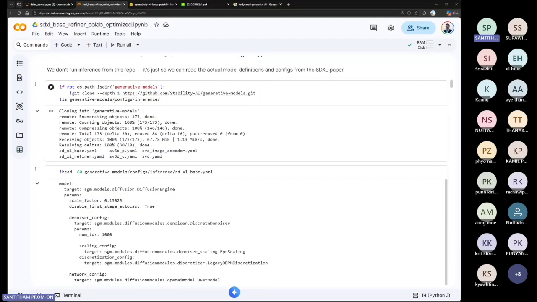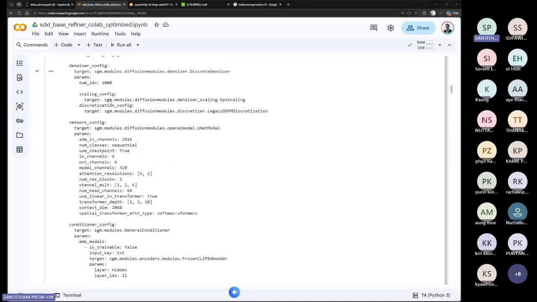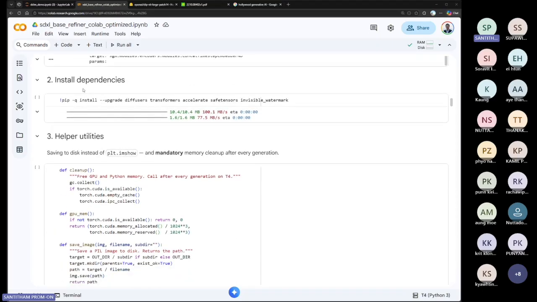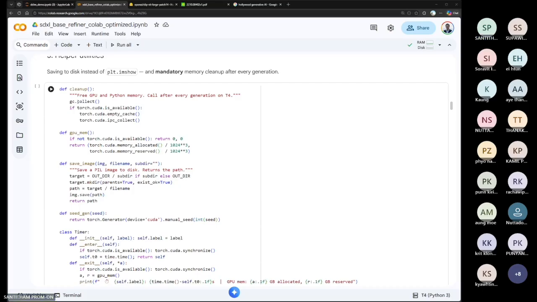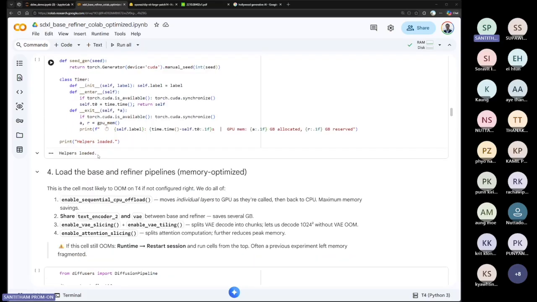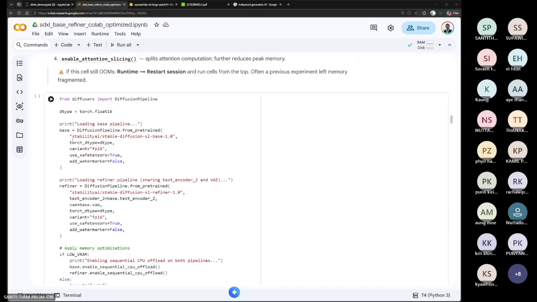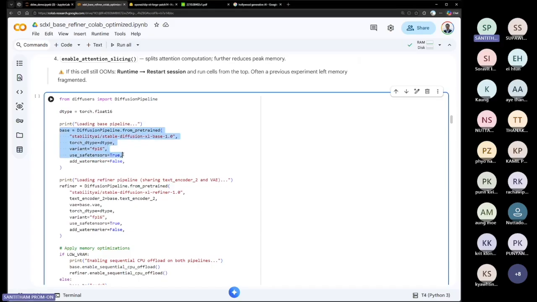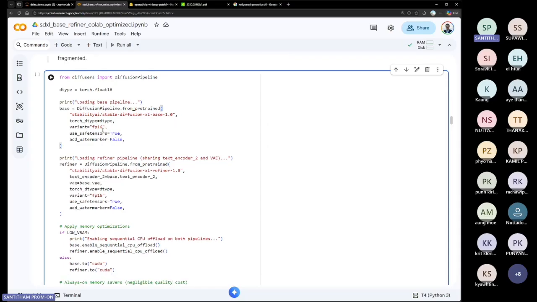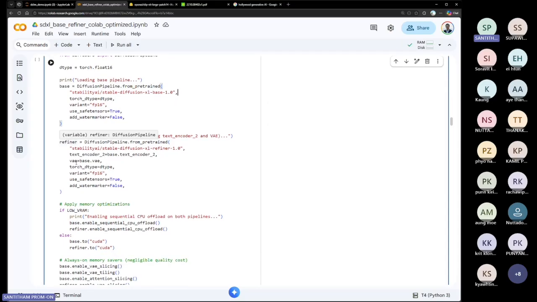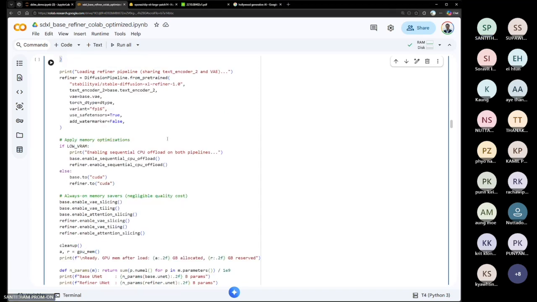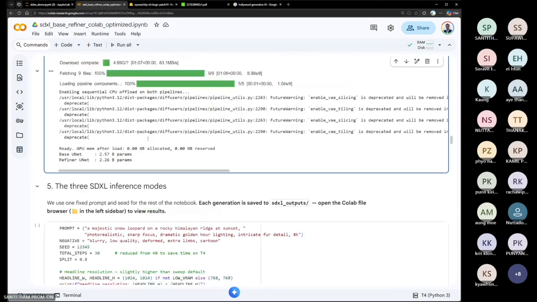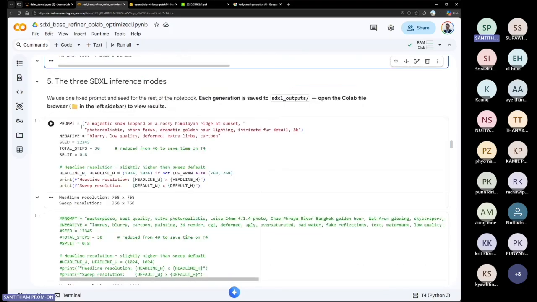Okay, let's just look at part of the inference, where we load the model from the repo, with some memory management, loading the base diffusion pipeline from the pre-trained Stable Diffusion XL base 1.0, and this is FP16, quite detailed. This is the Stable Diffusion XL refiner, and then this is the inference.